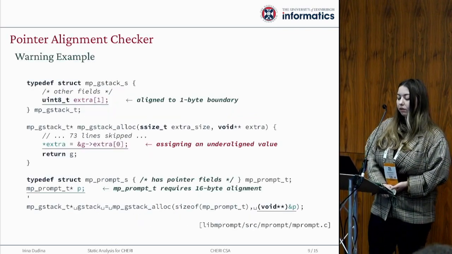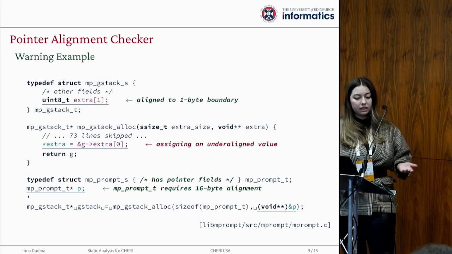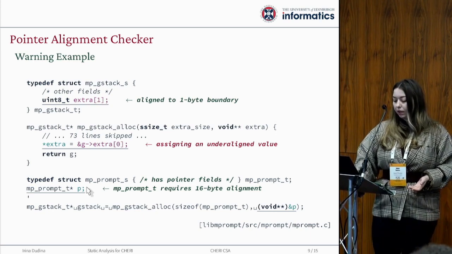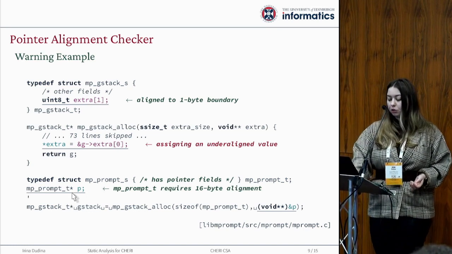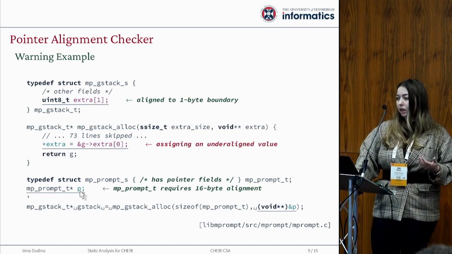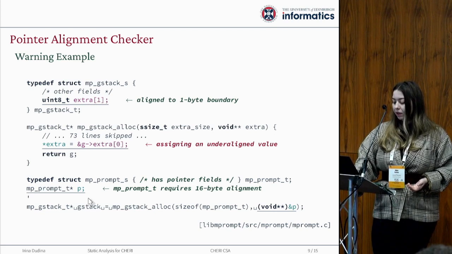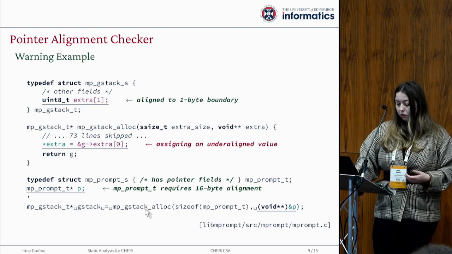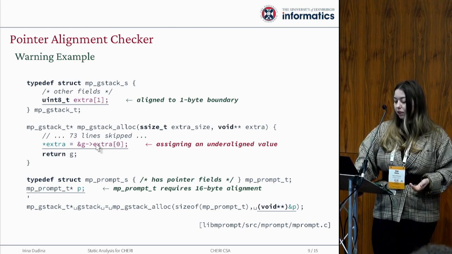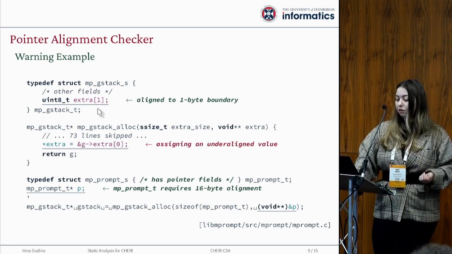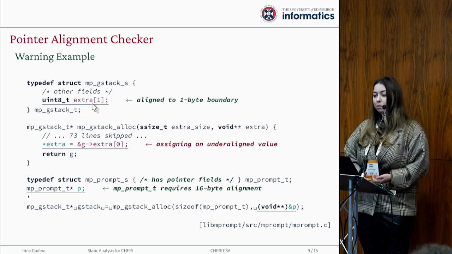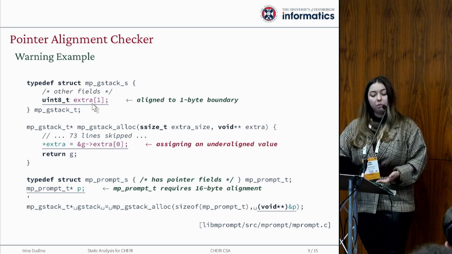So this is one of the warnings that we got. We have a structure that contains capabilities, and we're trying to allocate memory for it. So the address must be aligned. We're using this function for allocating memory, and it actually assigns to this pointer an address of a field that has no explicit alignment requirement.